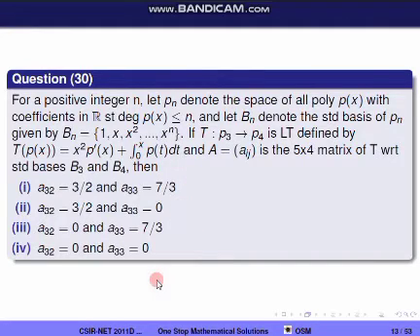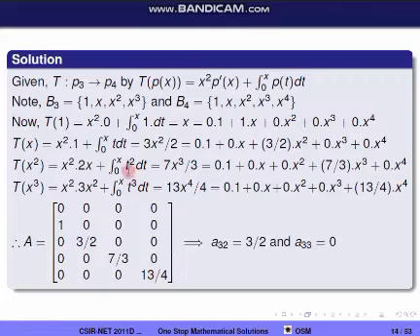So now we'll check how to do this question. They have given T from P3 to P4 by T(p(x)) equal to x square p prime of x plus integral 0 to x of p(t) dt. B3 means the standard basis of P3 and B4 means the standard basis of P4. So B3 is equal to {1, x, x square, x cube}, and B4 is equal to {1, x, x square, x cube, x power 4}.